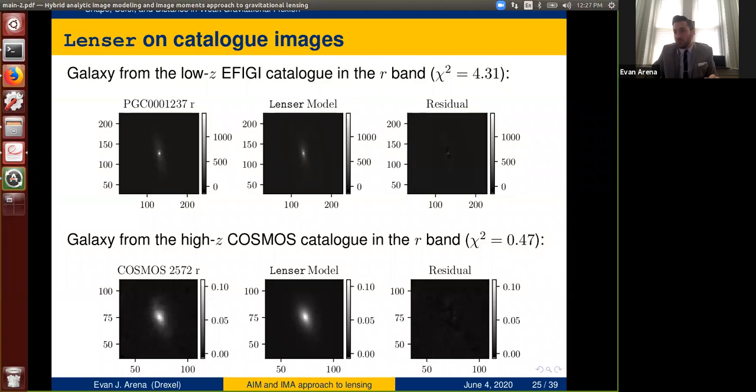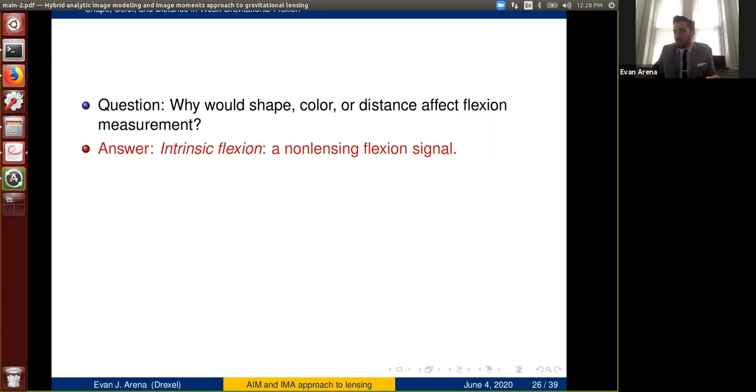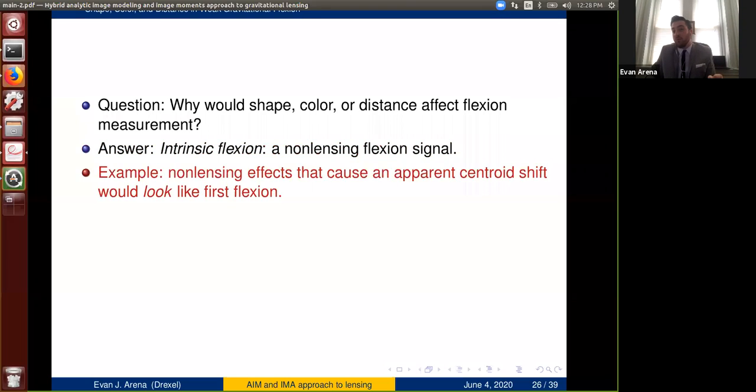So let's address the title of our paper. Why would shape, color, or distance affect flexion measurement? The answer is something called intrinsic flexion, which is a non-lensing flexion signal. What is a non-lensing flexion signal? Well, remember that first flexion manifests as a centroid shift.